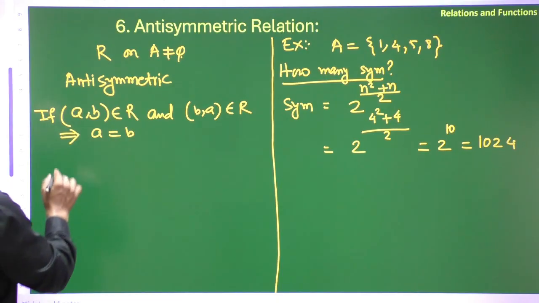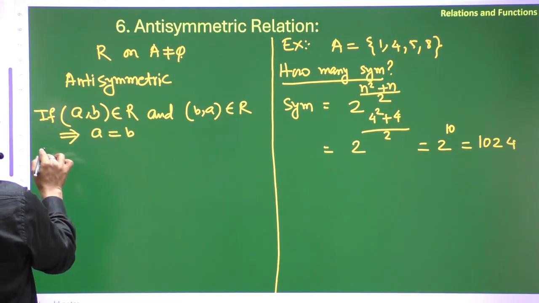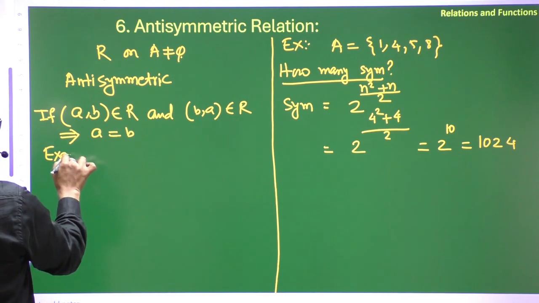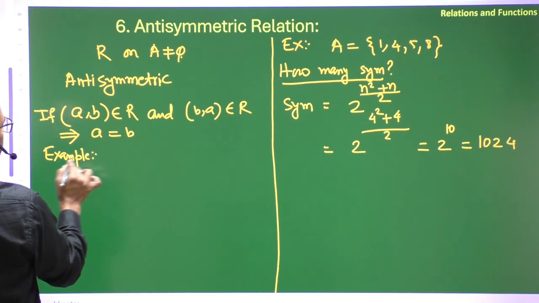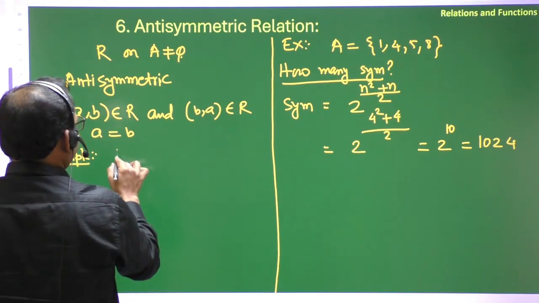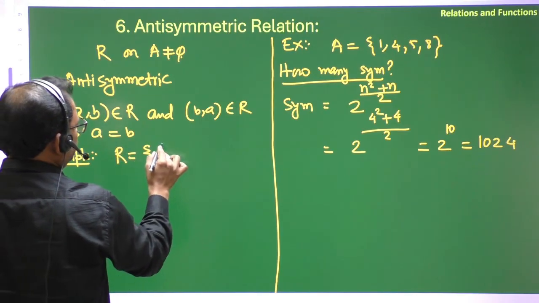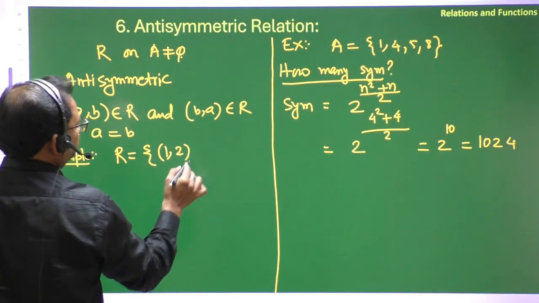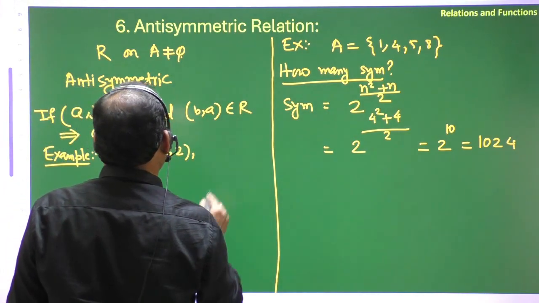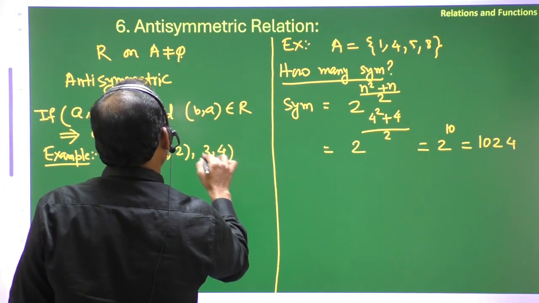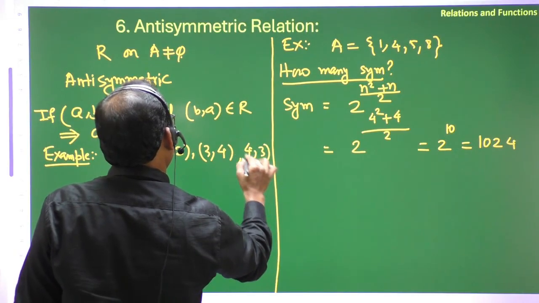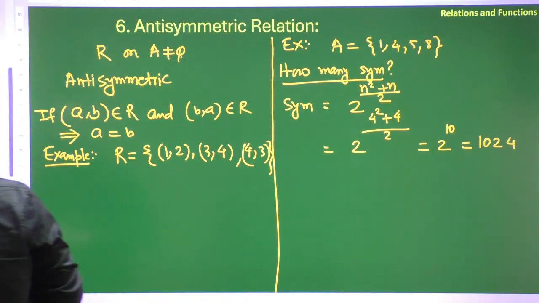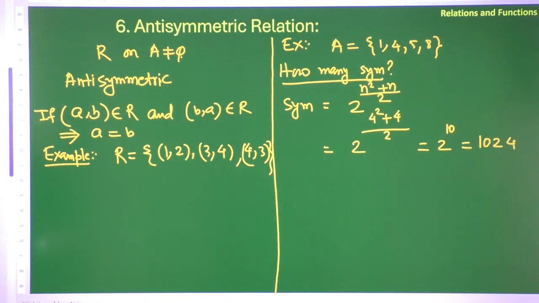So take one example of an antisymmetric or non-antisymmetric relation. Let R be the relation which contains (1, 2) and (3, 4) suppose, and at the same time it contains (4, 3). My question is, is this one antisymmetric or not?